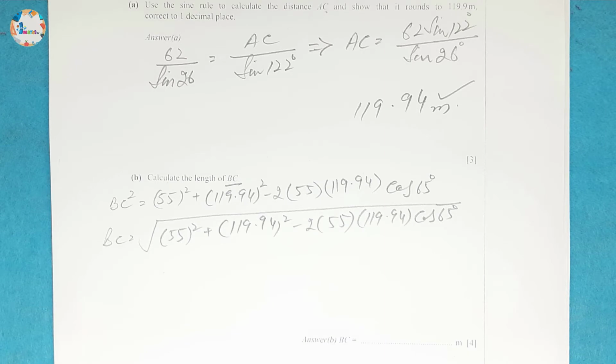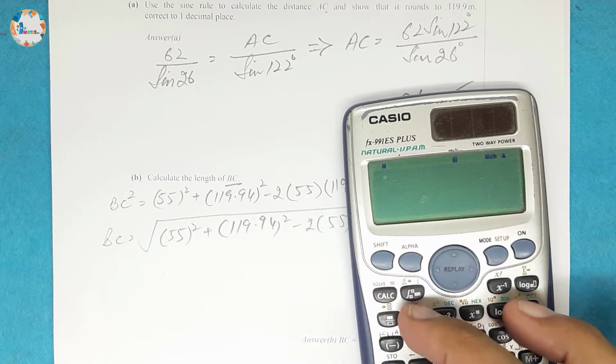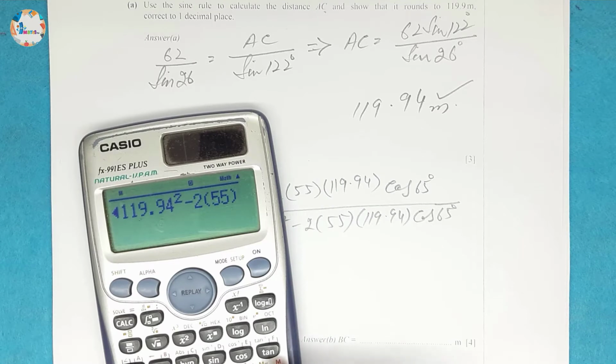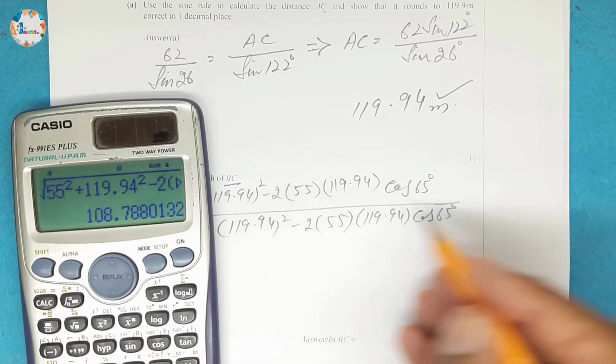Now we will be calculating this. So root of 55 squared plus 119.94 squared minus 2 into 55 into 119.94 and cos of 65 degrees, and this is resulting in 108.78.